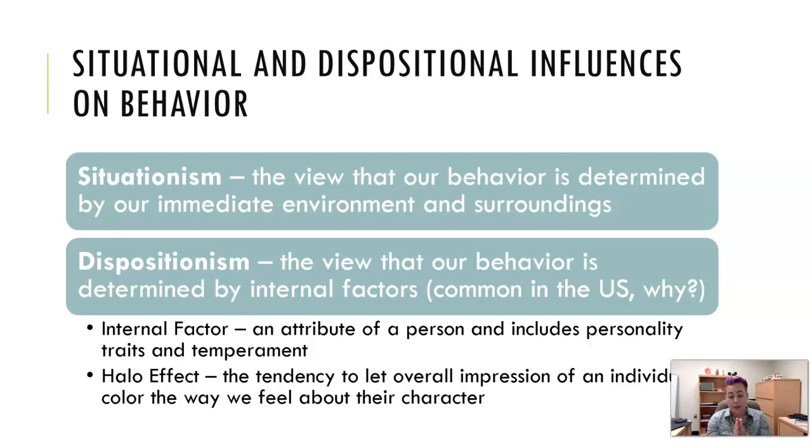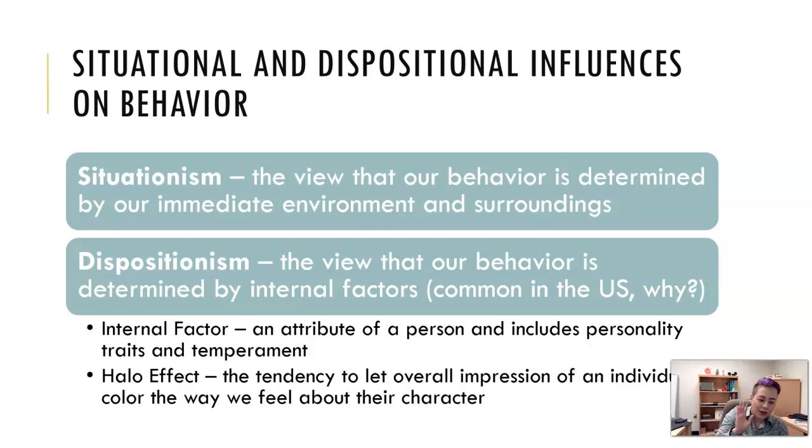So when we talk about dispositionism, this is very common in the United States. And we have to question why. Well, inherently, we are an individualistic society, and we focus on the individual, and through hard work and determination, anyone can do what they want to be, who they want to be. Well, this mindset kind of influences how we perceive people's situations or effects of their situation.